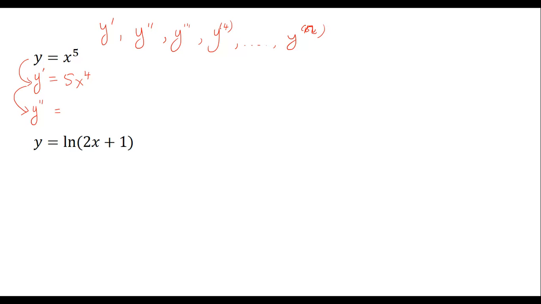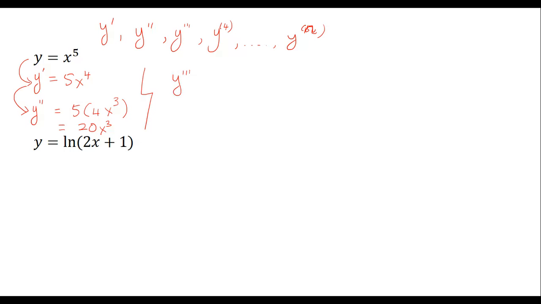So for example, to find y double prime, in this case you have 5, and then you put your 4x cube, and this is just 20x cube. So if you have this knowledge, you can go to whatever order you want.